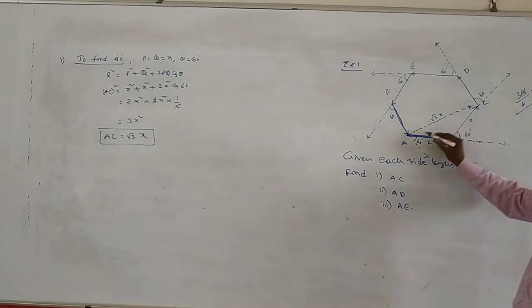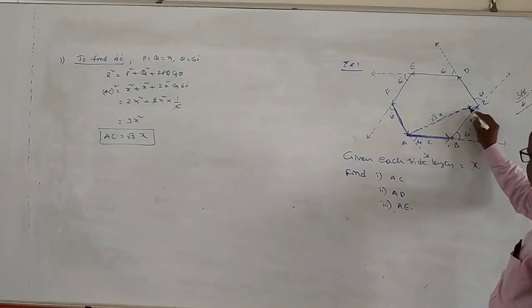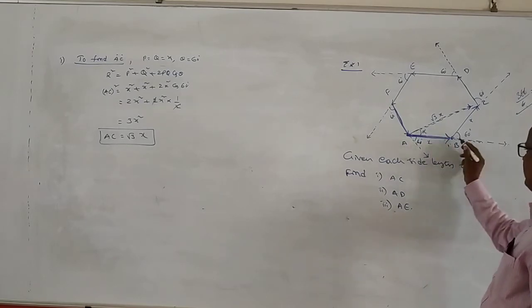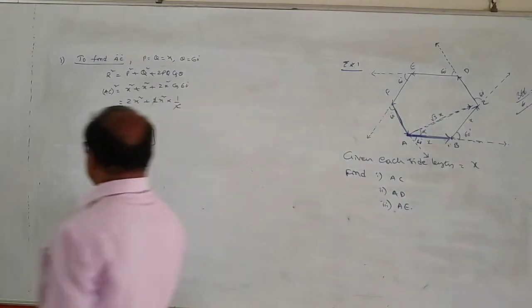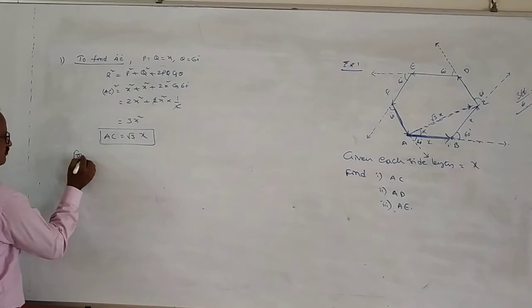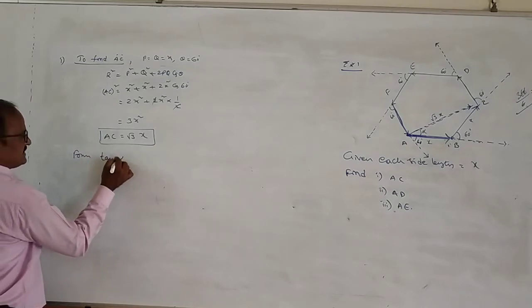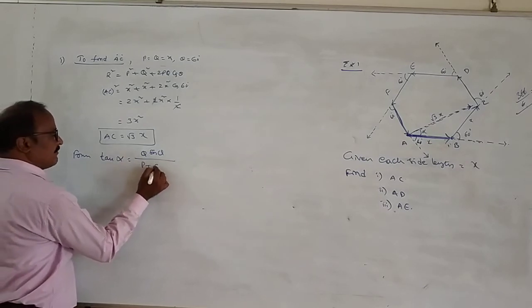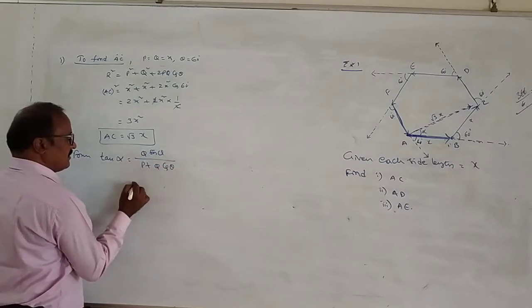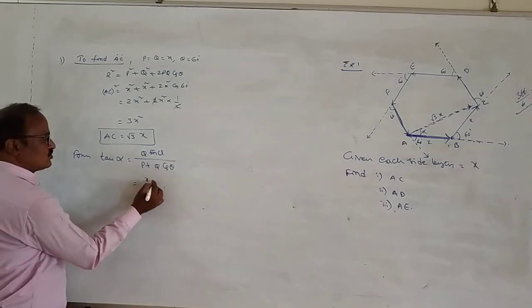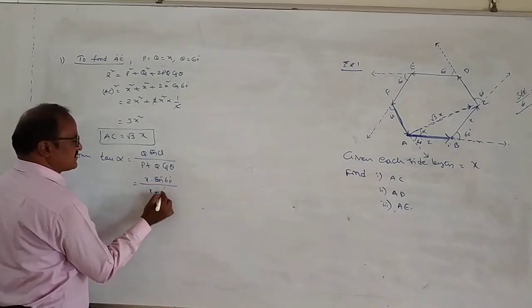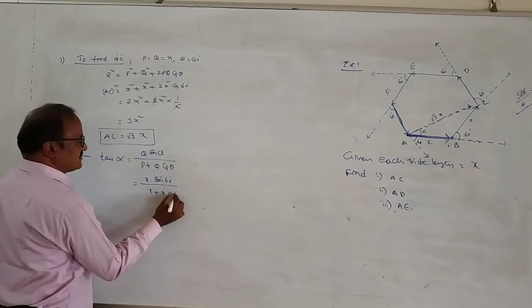But this is the resultant vector. Let this resultant vector make some angle alpha with P bar. Tan alpha is equal to what? The formula: Q sin theta by P plus Q cos theta. That is x into sin 60 by x plus x into cos 60.